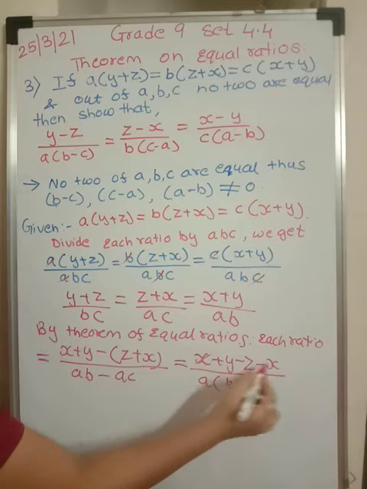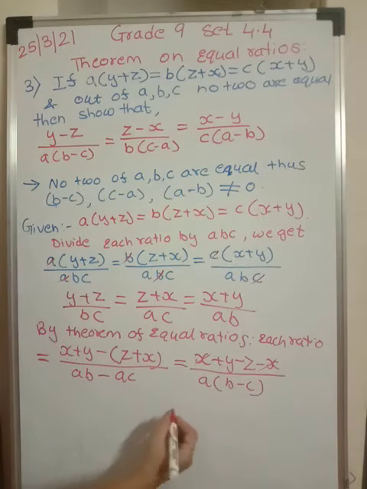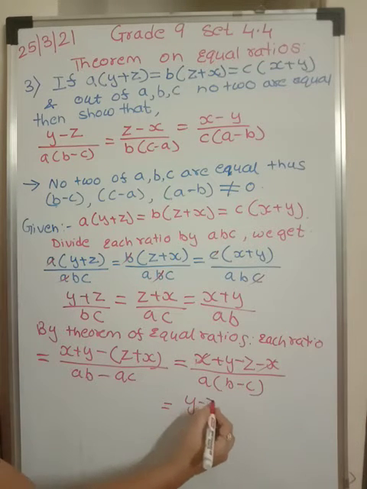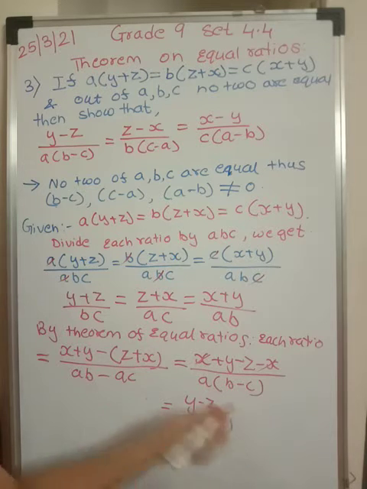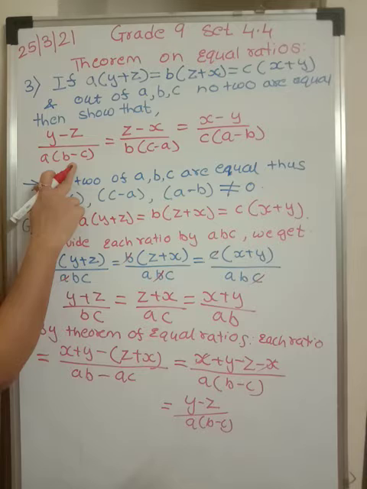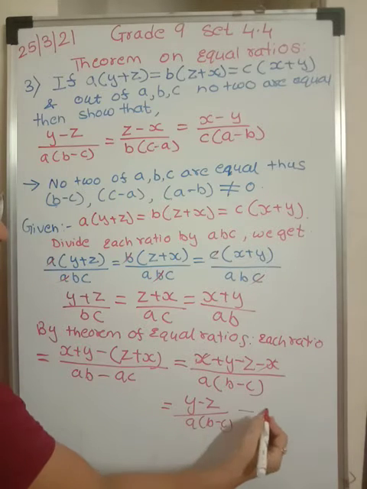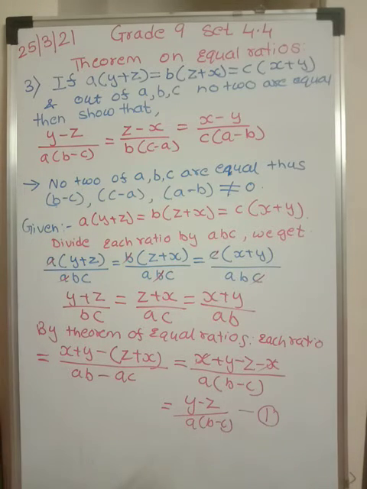Now see, x minus x, I am left with what? y minus z upon a into b minus c. That is what I want, y minus z upon a into b minus c. So this we can write as first. Have you got it? First. Okay.